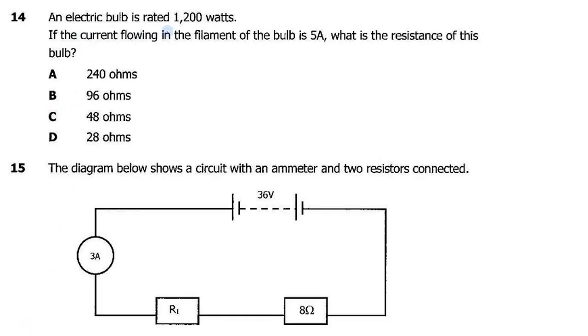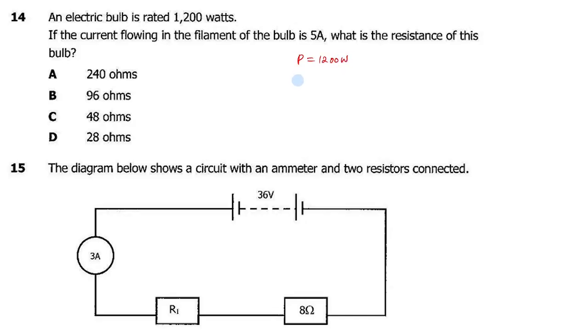Then we continue. An electric bulb is rated 1200 watts. If the current flowing in the filament of the bulb is 5 amps, what is the resistance of the bulb? So we are told that the power has been given to be 1200 watts.